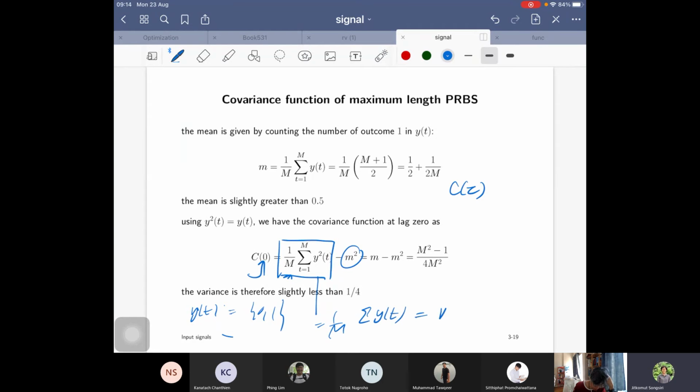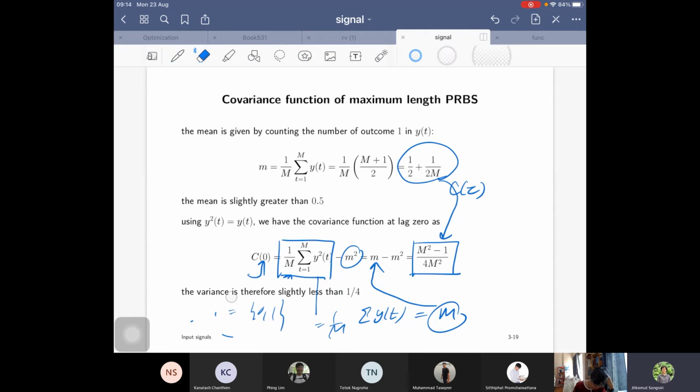So this gives you the mean. Because we already computed m from the first step, when you rearrange everything, you have this final result.